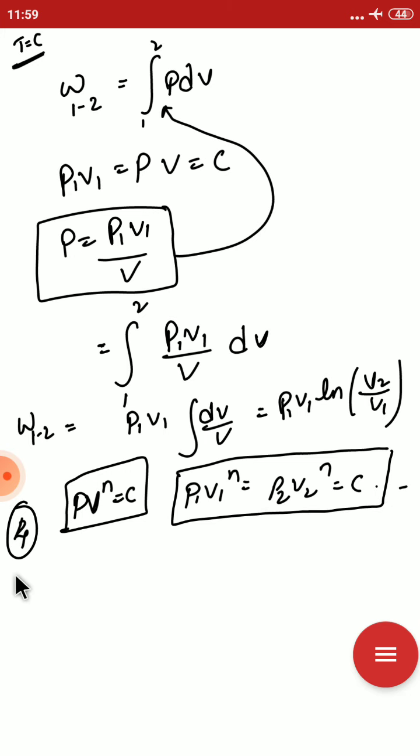Now we see the work in the 1 to 2 process. In a polytropic process, it is the integral of PdV from 1 to 2.